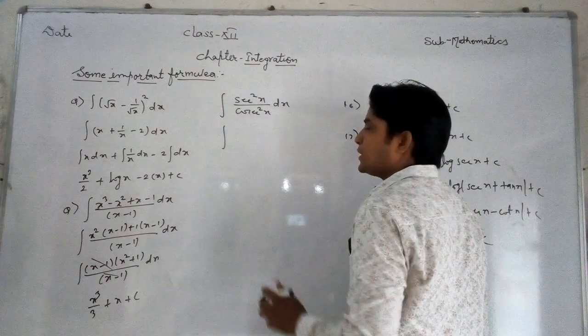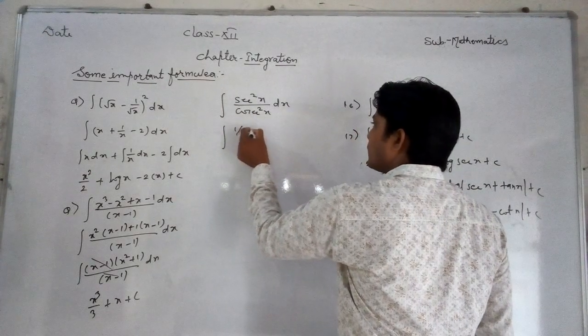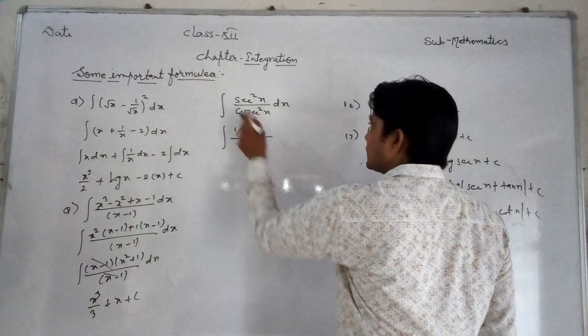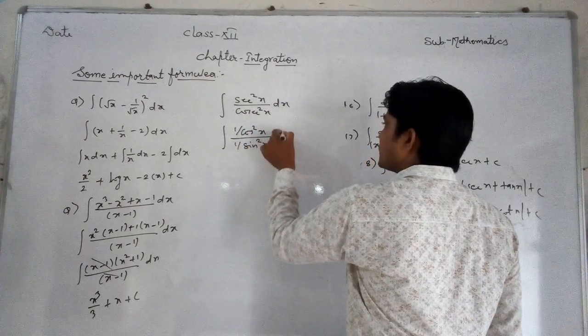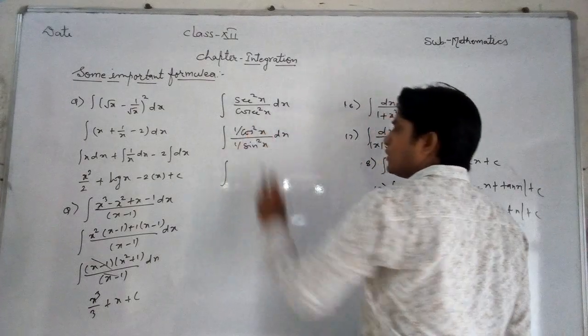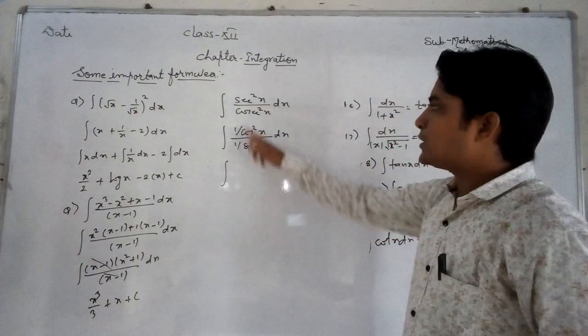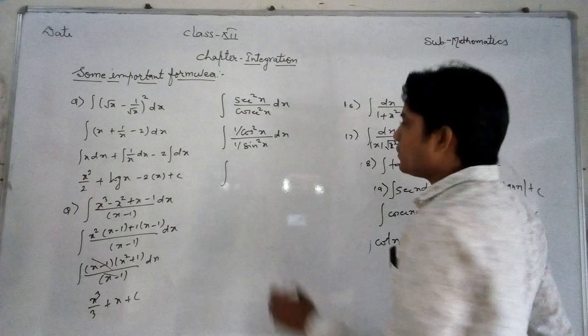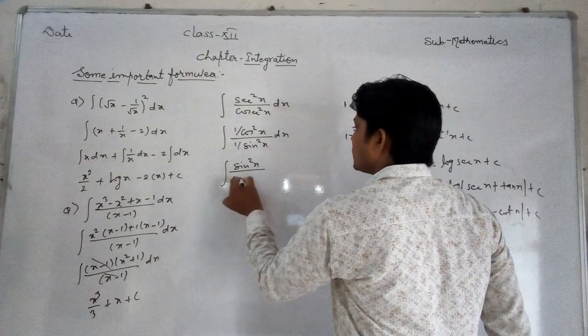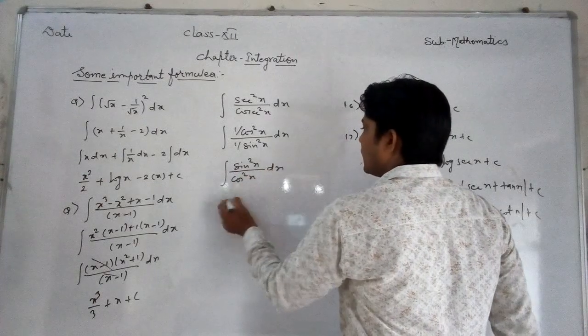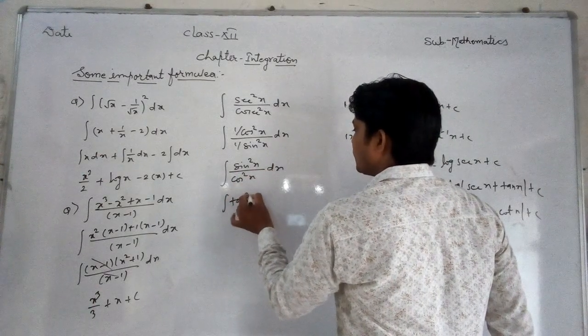We know that sec square x is 1 upon cos square x and cosec square x is 1 upon sin square x. Taking the reciprocal of both, we get sin square x divided by cos square x, that is tan square x.